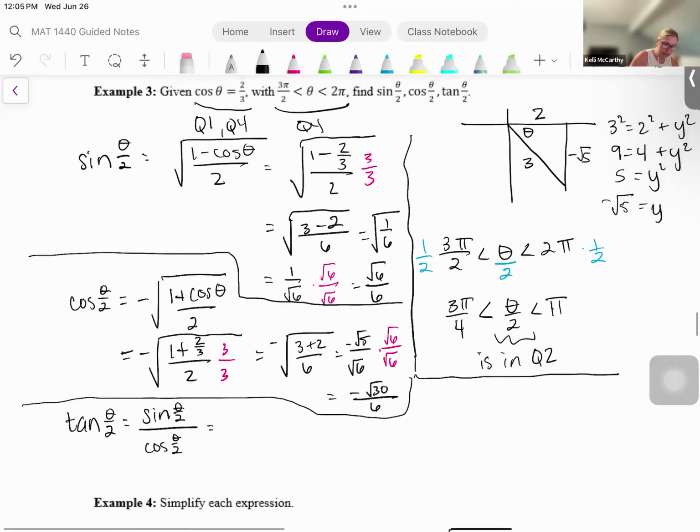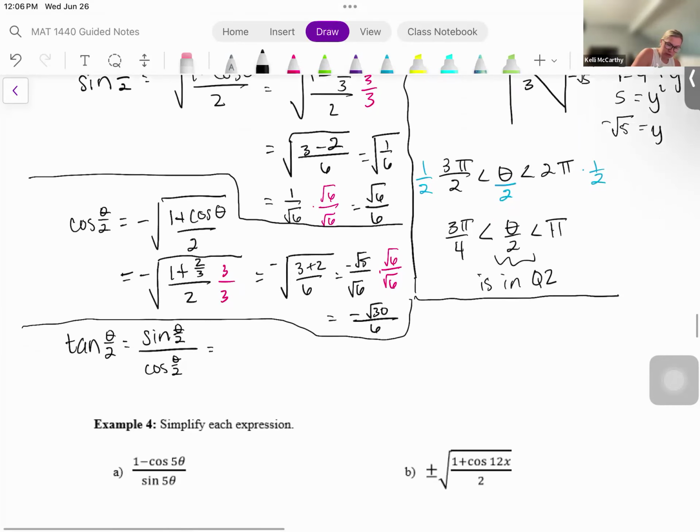So this was square root of 6 over 6 divided by negative square root of 30 over 6. Those denominators of 6 simplify to 1. So this is the square root of 6 over the negative square root of 30. And to rationalize, we'll multiply by the square root of 30 over itself.